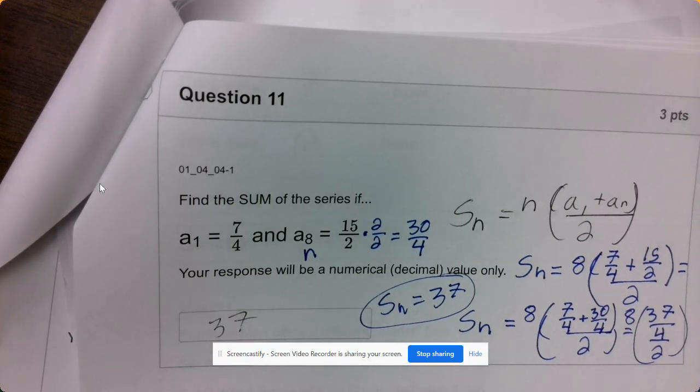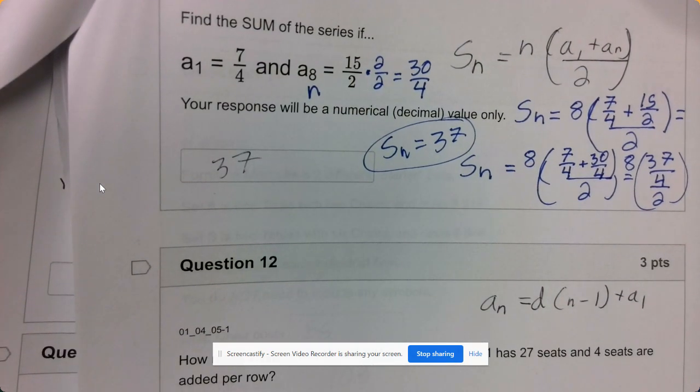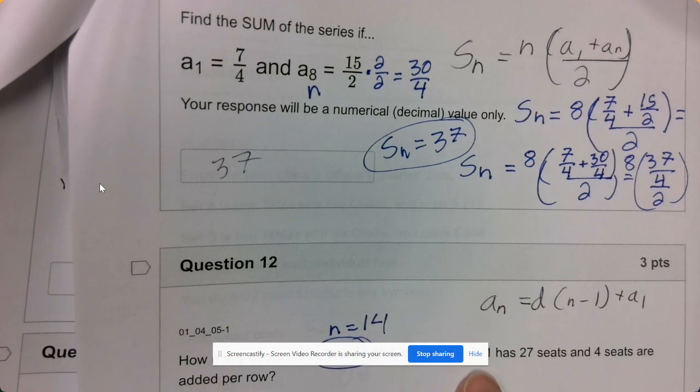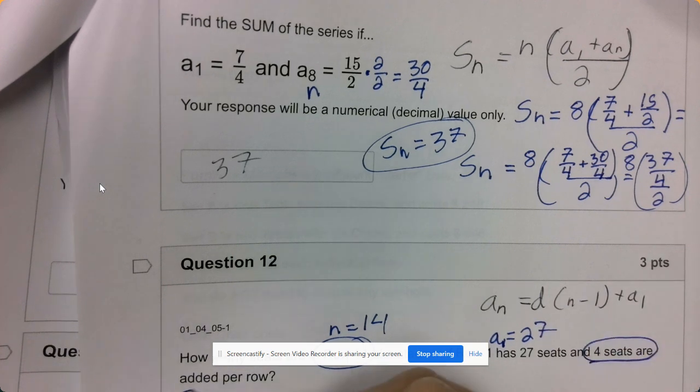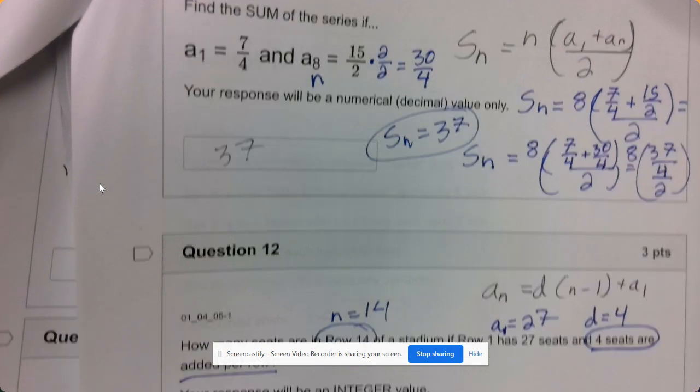Okay, on this one, how many rows are in this stadium? If the 14th row, okay, so everybody, n is going to be 14. If the first row has 27, so A1 is going to be 27. And 4 seats are added per row. So 4 is the difference. So everybody, we're going to plug that in.